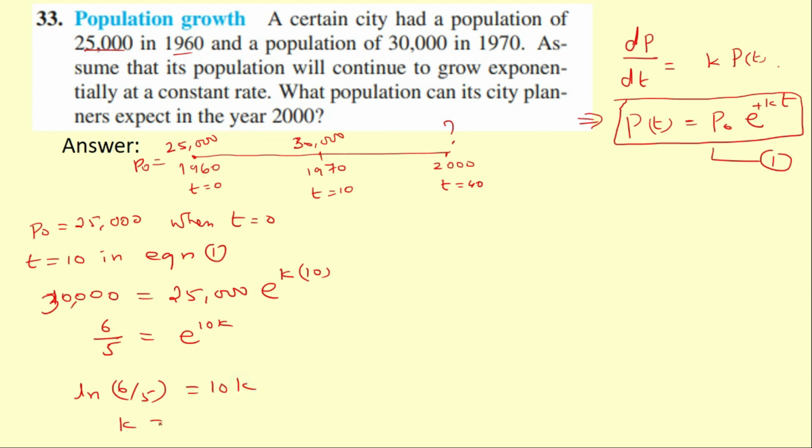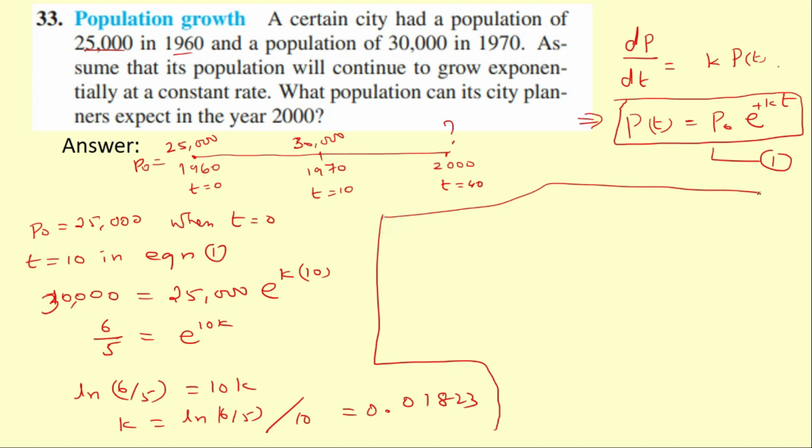So k is ln 6 over 5 divided by 10. Use your calculator to find this k value, which will be 0.01823. So we found the k value 0.01823.